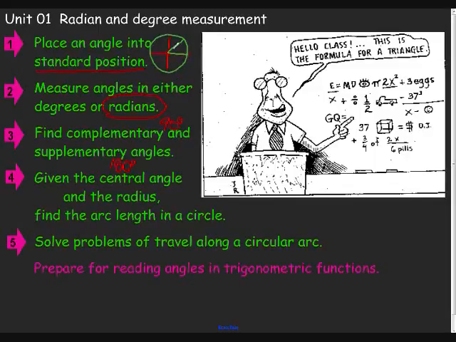We're always talking about a circle. So we're talking about this angle. If we know the central angle and we know the radius, find the arc length. In order to find the arc length, we are definitely going to define that central angle in radians.